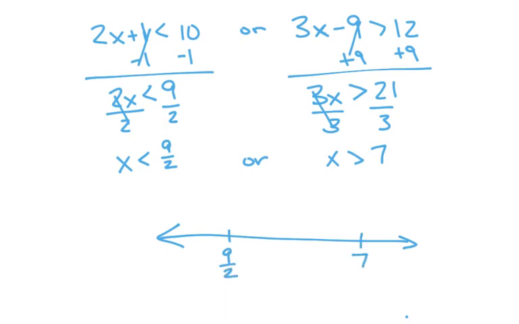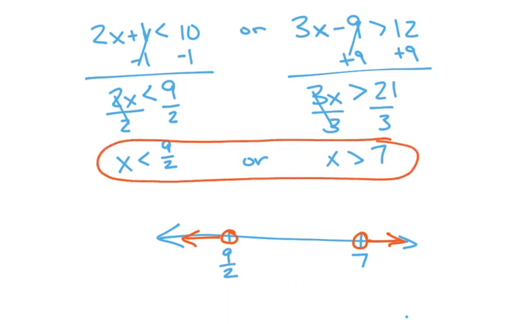Starting with the 9 over 2, it's an open circle, and it says that x is less than 9 over 2, so my arrow is going to go to the left. Then looking at 7, it says x is greater than 7, so again I'm going to use an open circle because x cannot be 7, but it can be anything greater than 7. This would be my number line solution for my OR statement compound inequality.